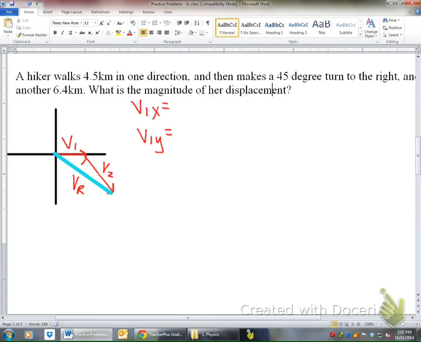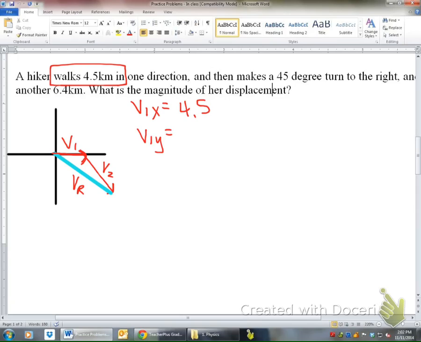So I broke these down into an x and a y component for v sub 1. Since we know it only has horizontal components, what's that mean the value of v sub 1x has to be? Yeah, 4.5, because this is our 4.5 in one direction.